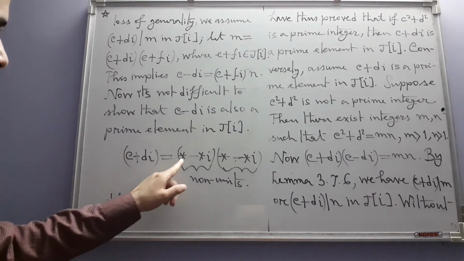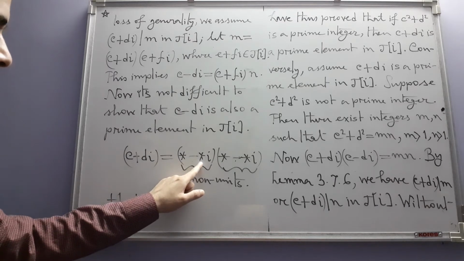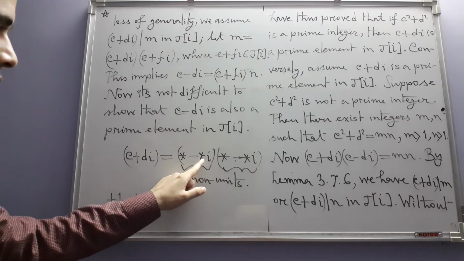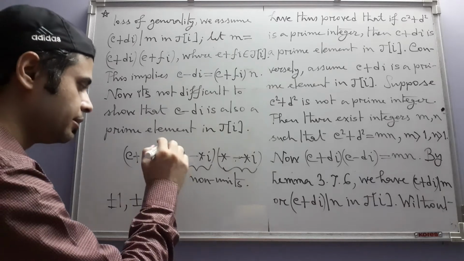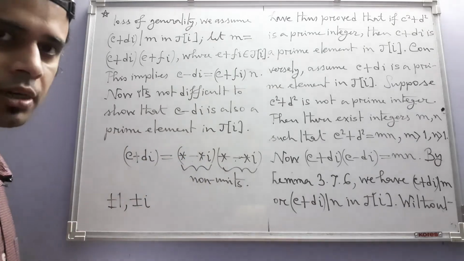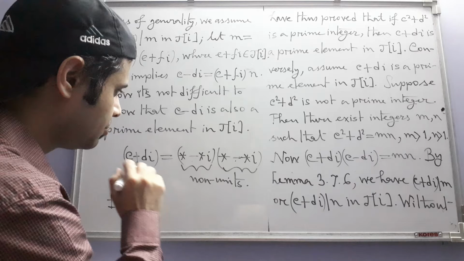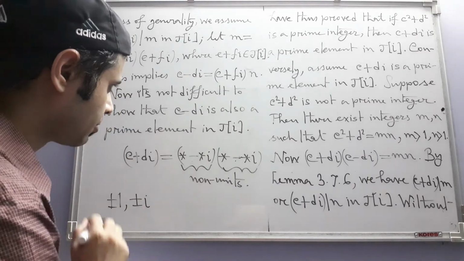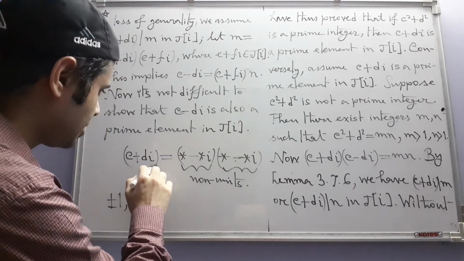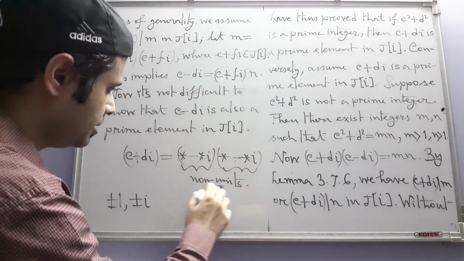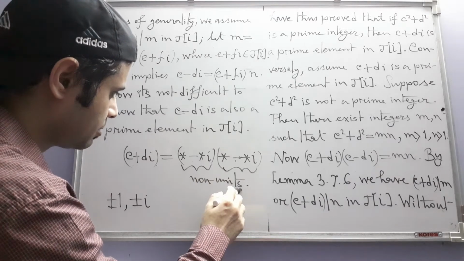Okay, so if the real and imaginary parts become non-zero, or if the real part or imaginary part becomes zero, then what do you have here? Can I conclude like that? If C plus di is equal to this, these are non-units.